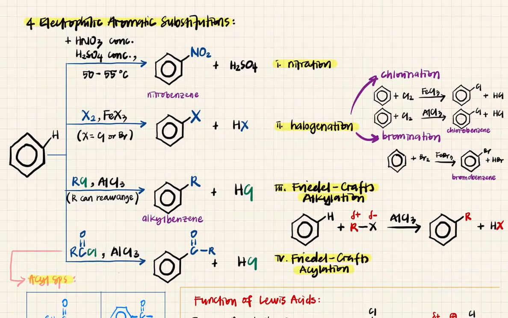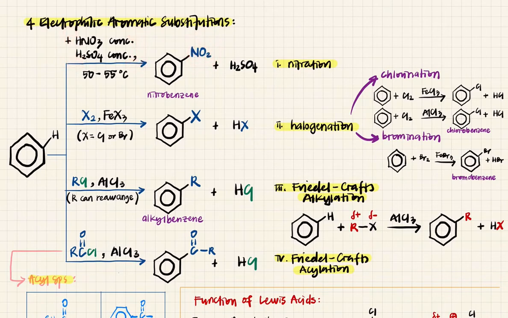Okay, so you can see here for nitration, maksudnya daripada ada hydrogen here, you're going to substitute hydrogen with NO2. So in order to form NO2, you will be using this reagent with this condition, okay, with this temperature. Alright, so you will form NO2 by reacting these two acids together.